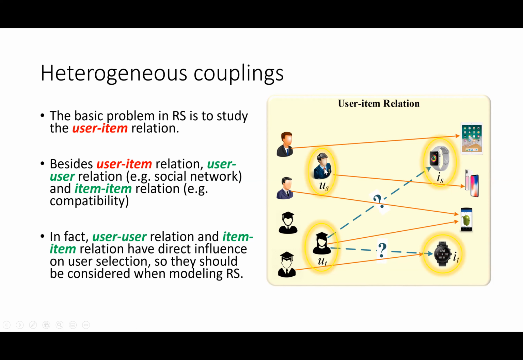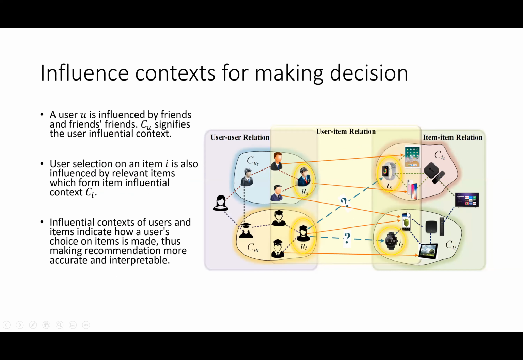We understand there's user interaction, sometimes direct, sometimes indirect. And for items, they may belong to the same categories or the same price range, so you can find some way to measure item similarity or user similarity. Broadly, we call these user relationship, item relation, and user-item relation. Heterogeneous means not just user and item, but also multiple different types of relation, right?